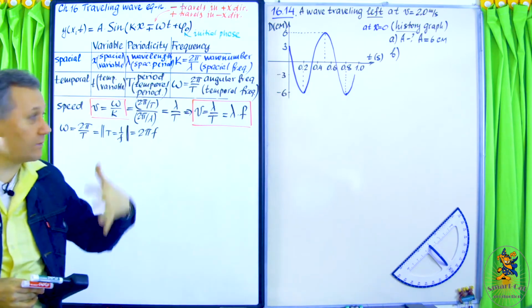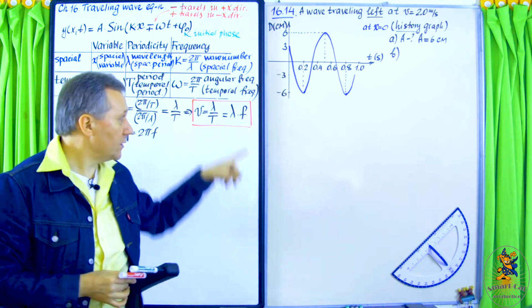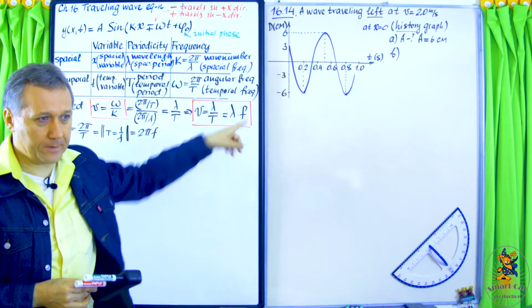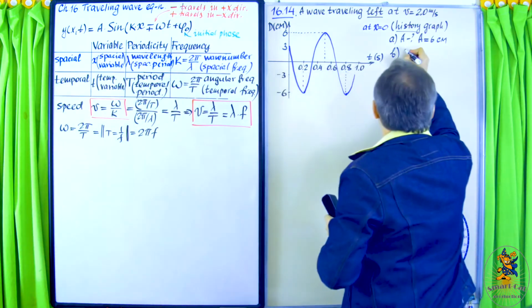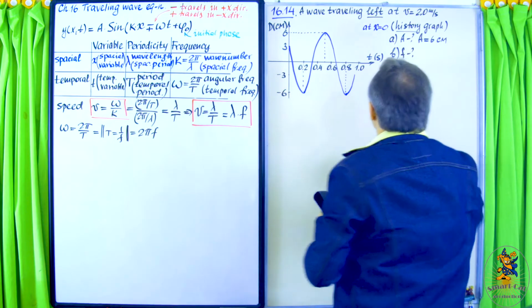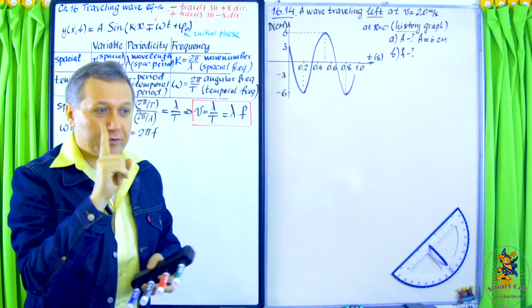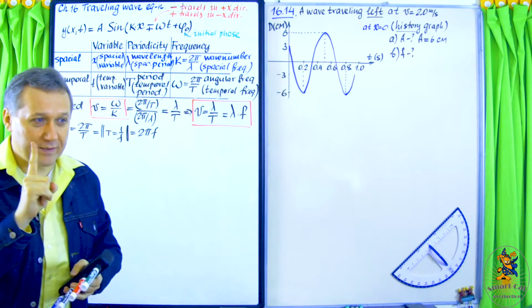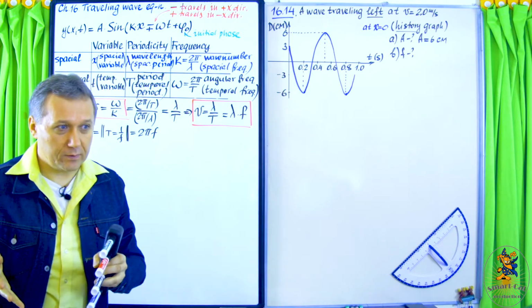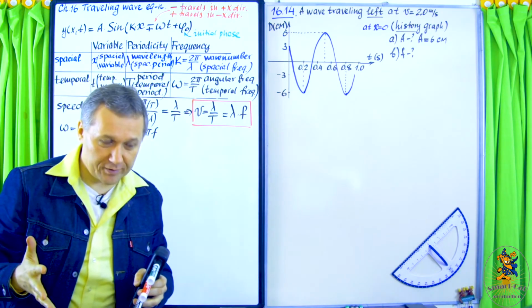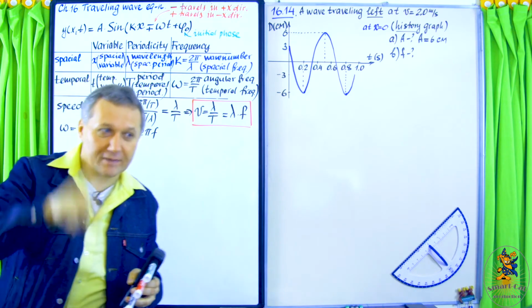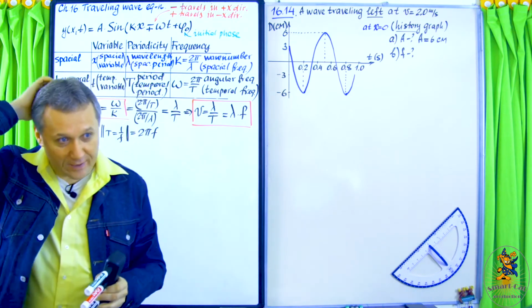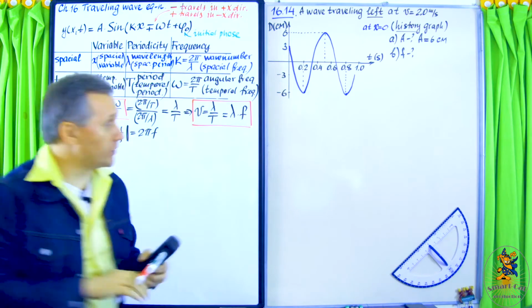If the problem says find frequency, it's just f. So what about f? First, let's realize which quantity this is, spatial or temporal? Obviously, it's a temporal quantity. It basically describes how fast a wave oscillates in time. Frequency is a temporal quantity, right?